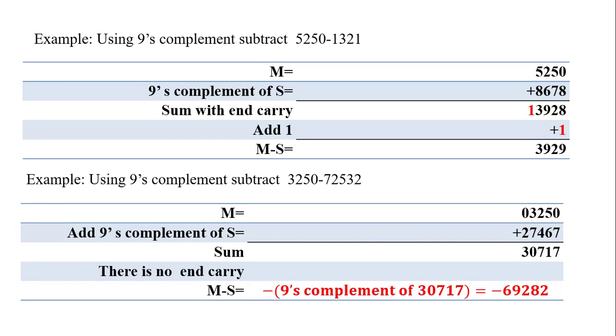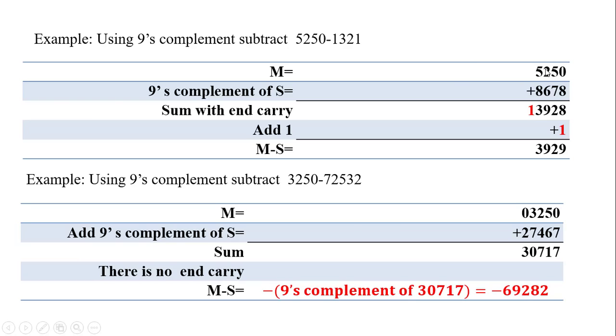Using nines complement, these are examples of nines complement. In nines complement, if there is an end carry, we add 1 to the result. If there is no end carry, we take the nines complement of the sum and place a negative sign in front. So this is the nines complement of the subtrahend.